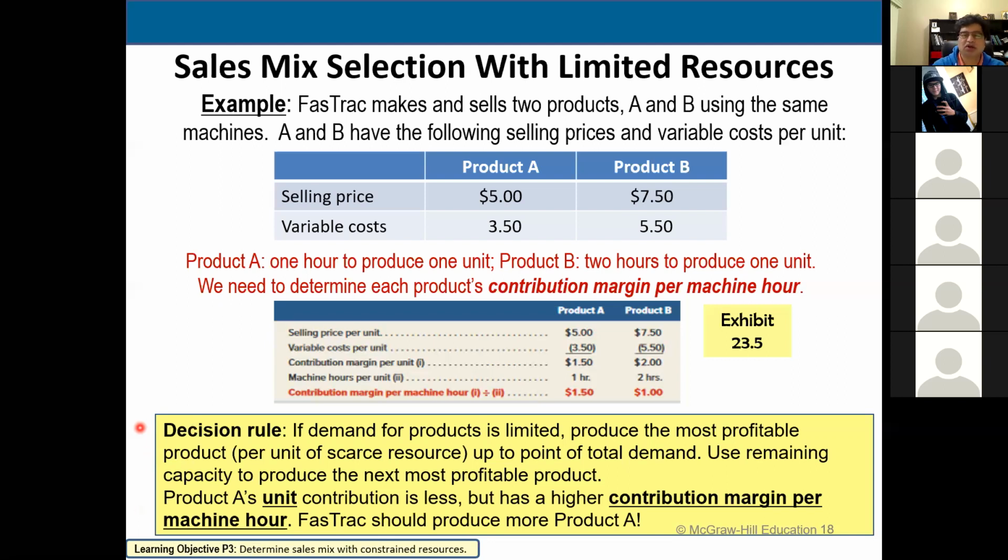So again, you already know what contribution margin means. You already know how you can maximize the contribution margin per unit of constrained resource.